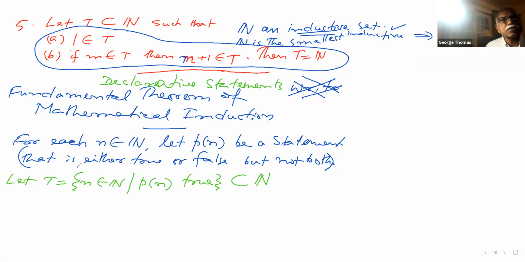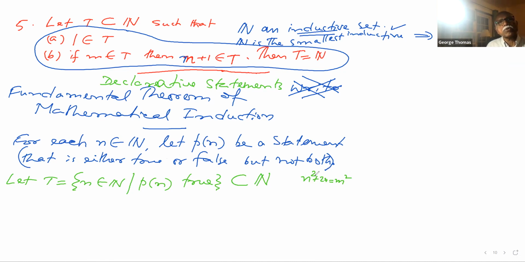For example, let us make a statement like P(n). Suppose I said n squared plus 2n is a square. Then not all integers are in it, but some will be in it, right?